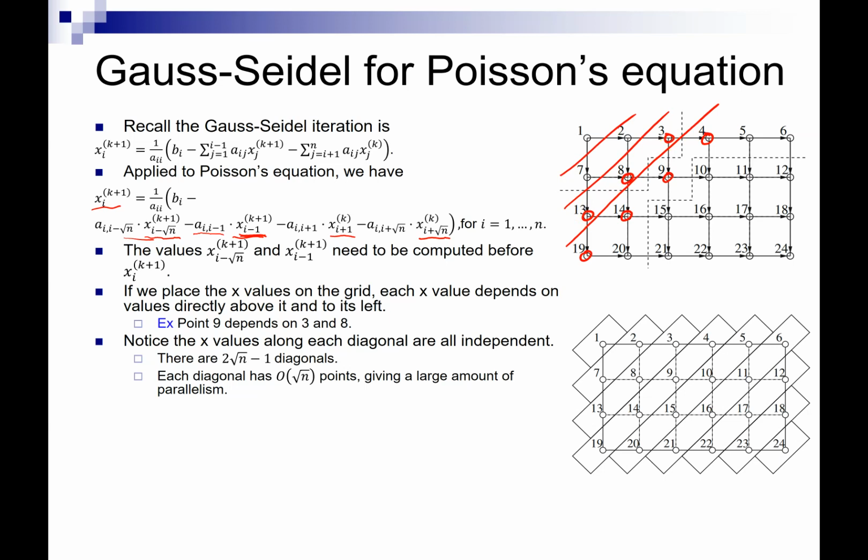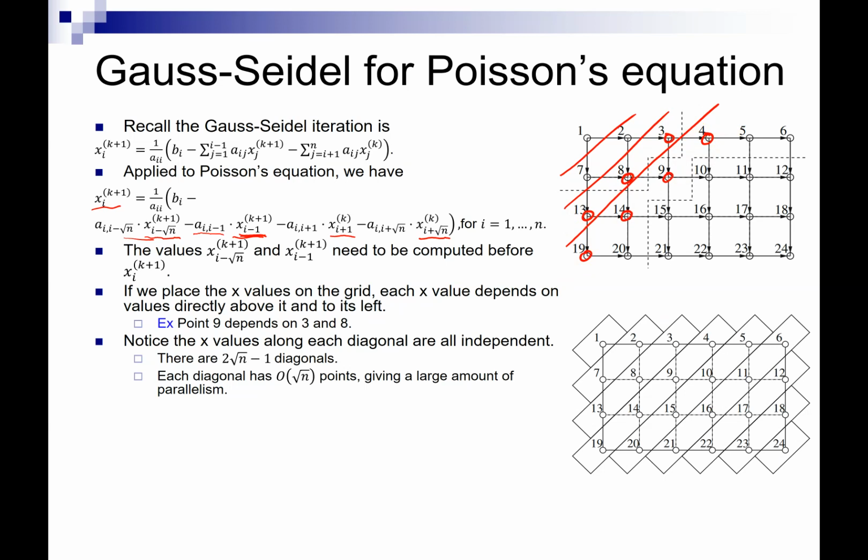For the next diagonal, we compute the values for 4, 9, 14, and 19, and that only uses the values for iteration k plus 1 on these 3 points. So once you have those, you can do all of these computations, the 4, 9, 14, and 19, in parallel.